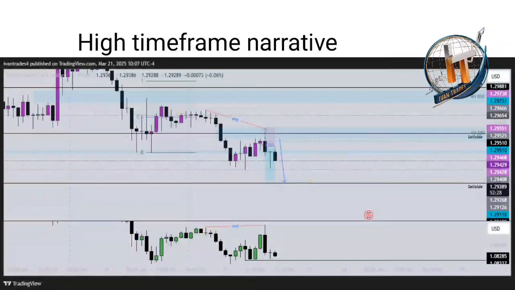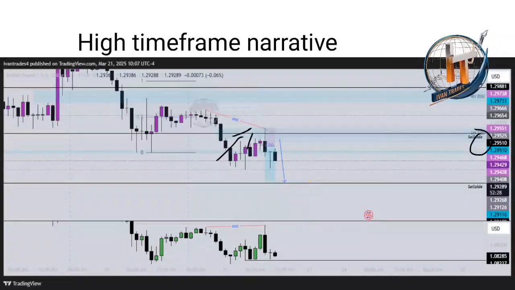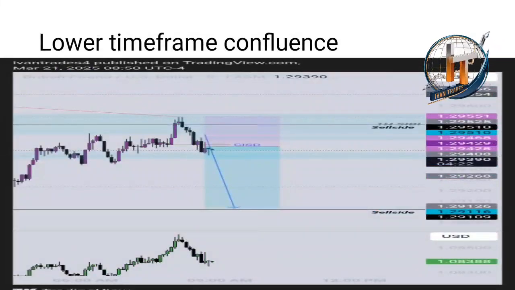I was considering shorting by expecting this move higher in manipulation and seeing this divergence right here inside of this 1 hour CB. That was my yes to go through the lower time frame to see a lower time frame market maker sell model. On the lower time frames, since the open of 8:30, when 8:30 opened, the price immediately shot to the upside.